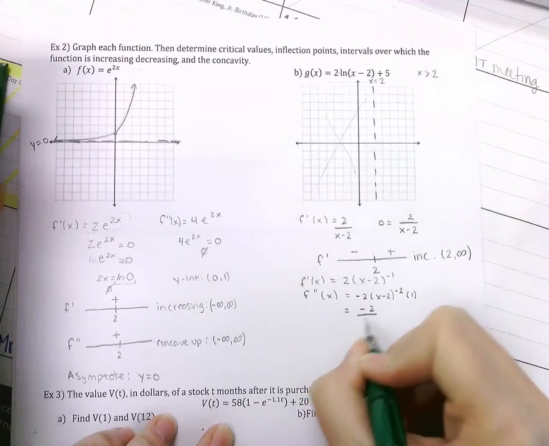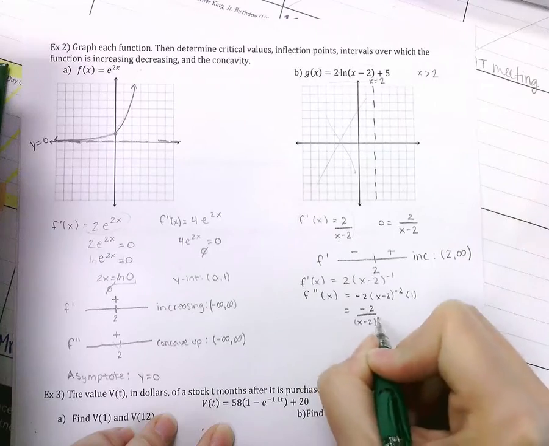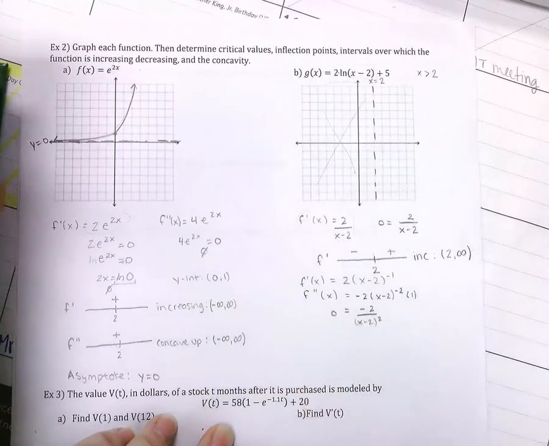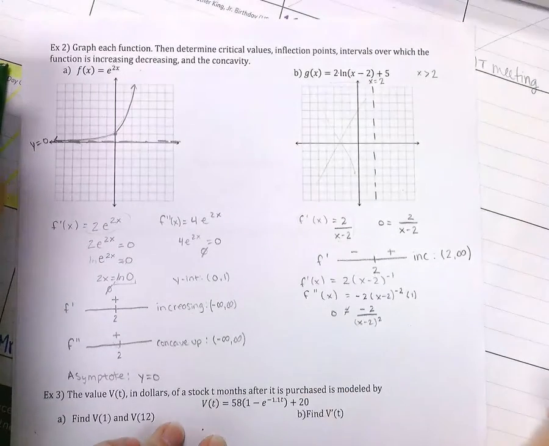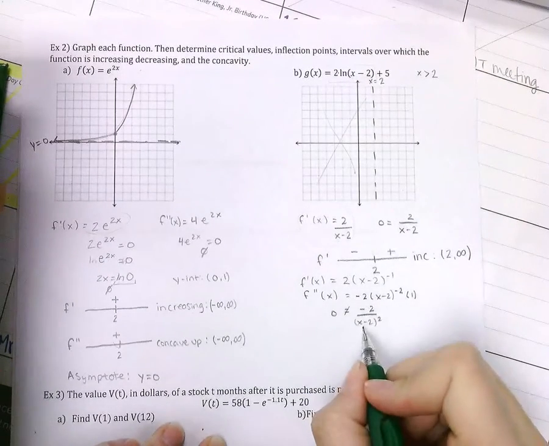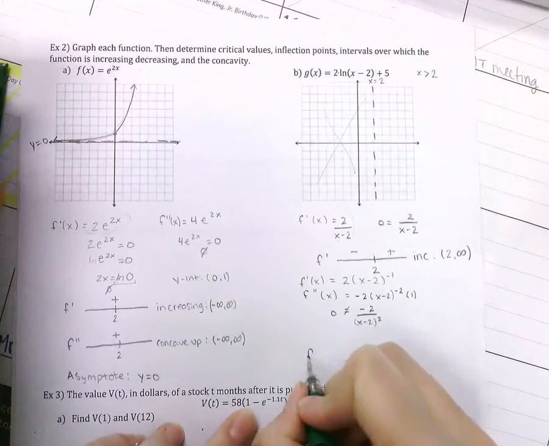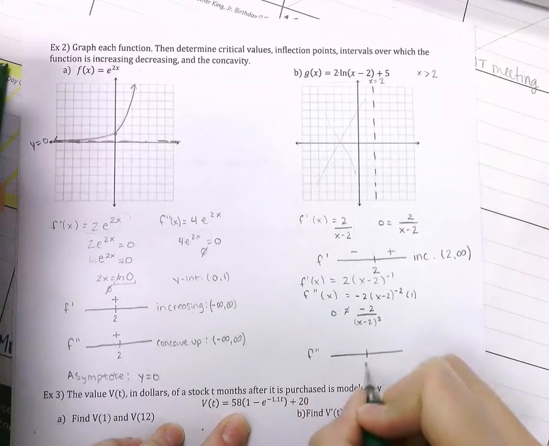So that's negative 2 over x minus 2 squared. Can we set that equal to 0 and solve? No. But this will not exist at 2. So 2 would be the point we would use.